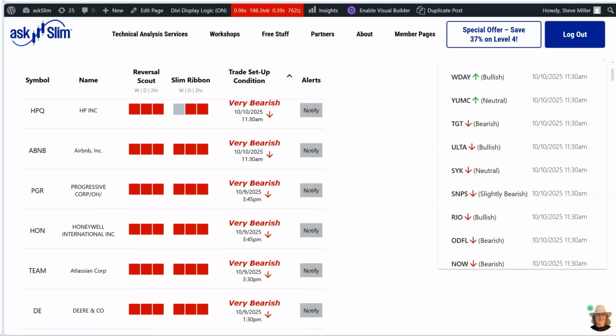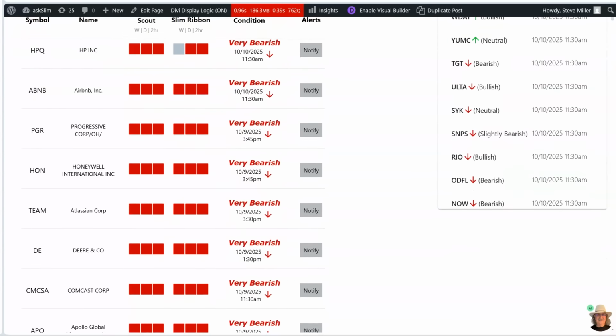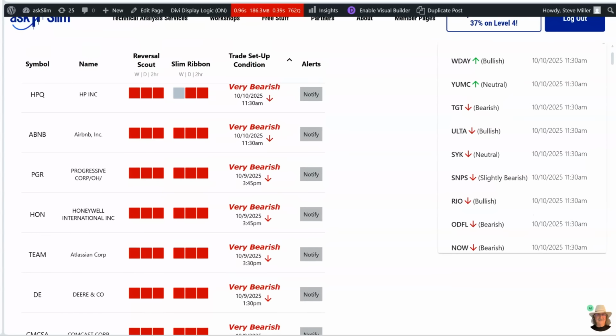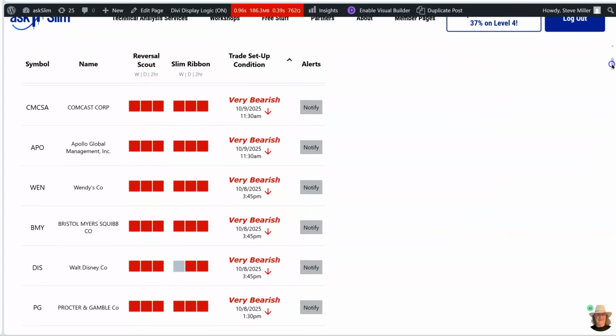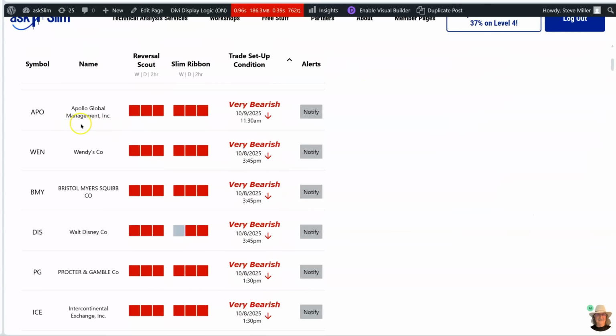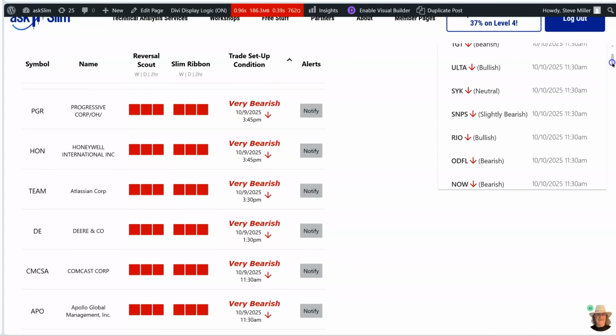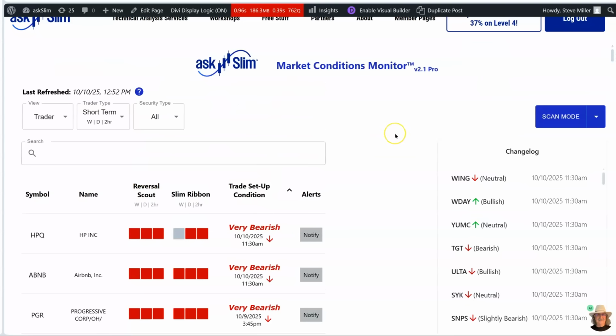As you can see, let me just scroll down a little bit further in here, and you'll be able to see the ones that are more negative. So Apollo, I just gave you that. If you watch the special I did on AI stocks earlier on Slim's Take, you'll see that I discussed Apollo in there, and you can see the stocks that are very bearish. So this is really just a great way to see when things are changing.